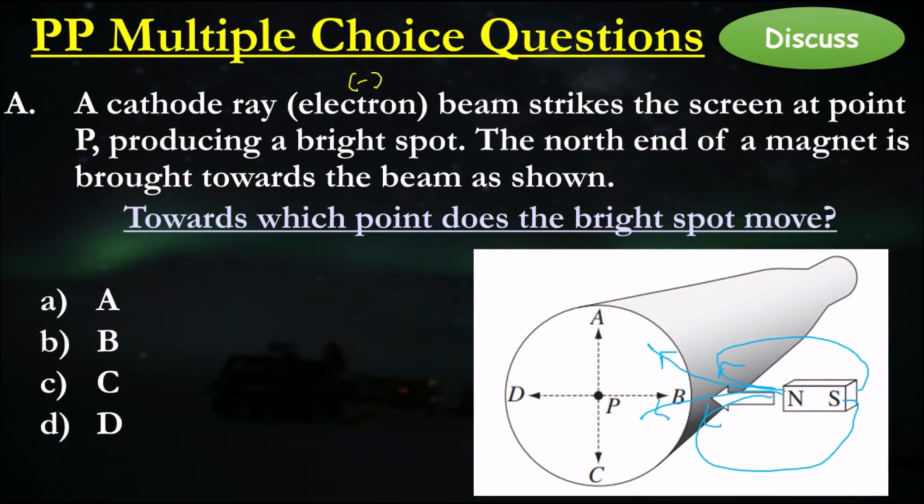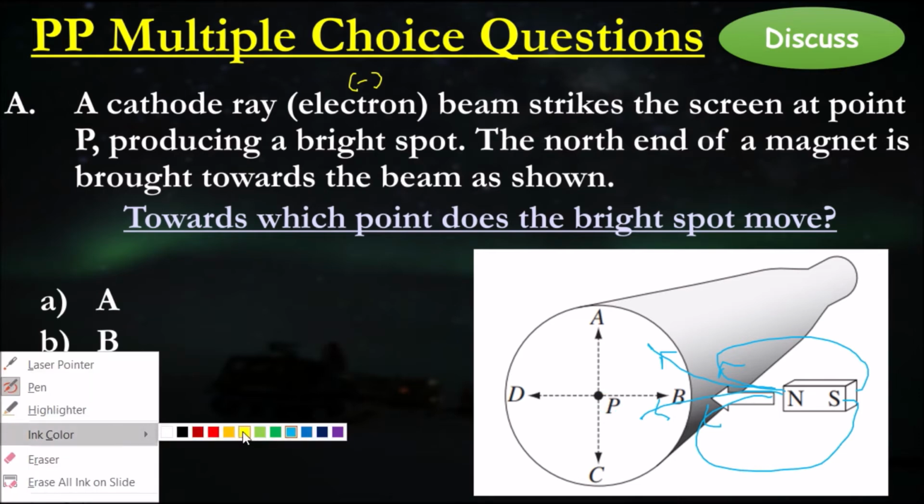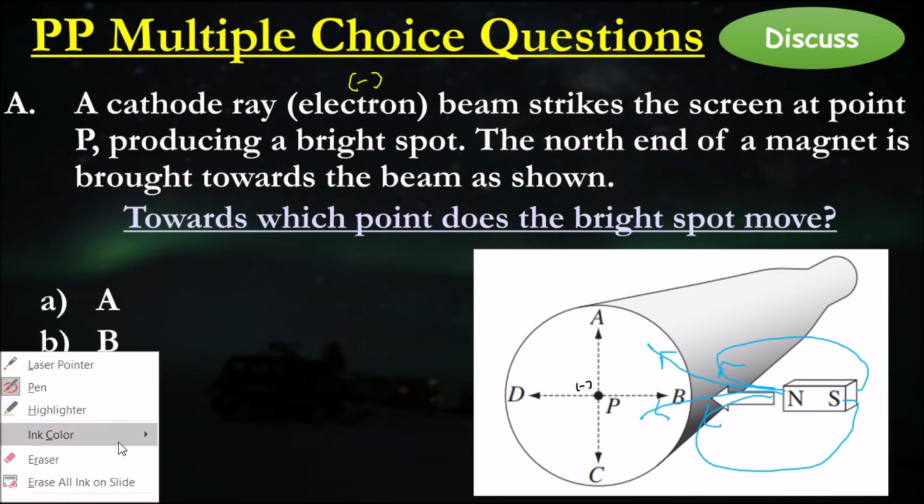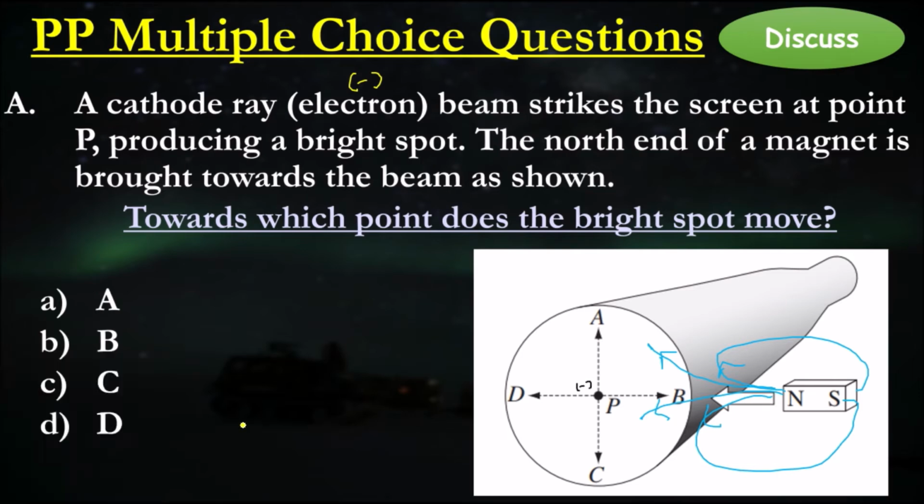And then we have our charge. Okay, so I'm going to draw out a couple of things. We have our negative charge here. Okay, let's draw out my approach using my right-hand palm rule. Okay, so the north pole is going towards the left. So your fingers, your right hand fingers, should be pointing to the left like so.